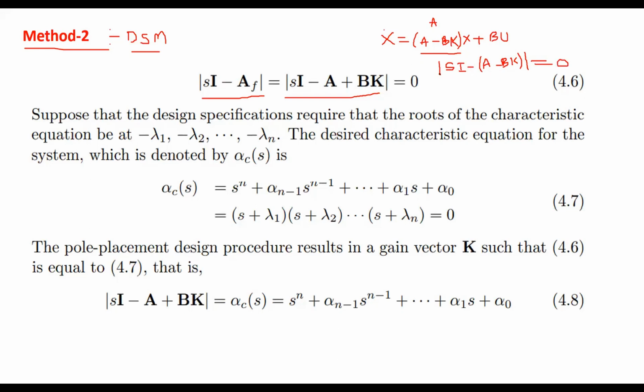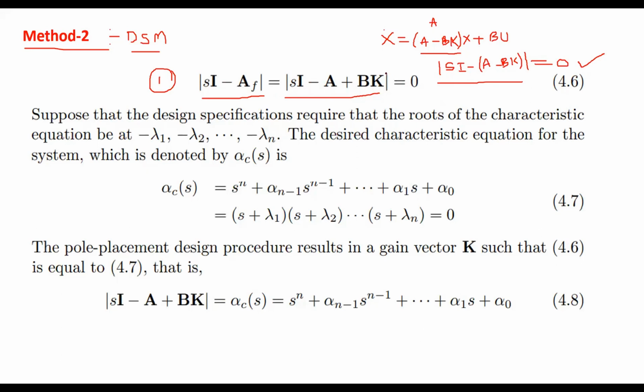If I write this equation like this, I will get |sI - A + BK| equal to 0. So the first step of the second method, we need to find the characteristic polynomial from the given state equation, that is |sI - A + BK|.